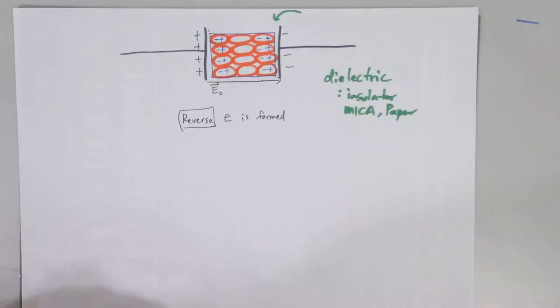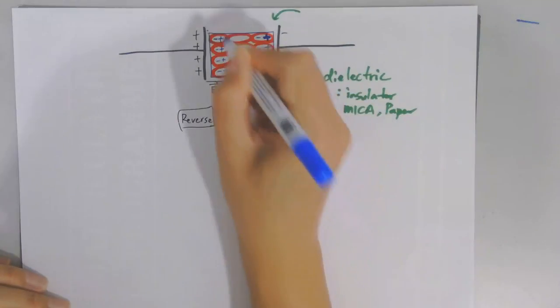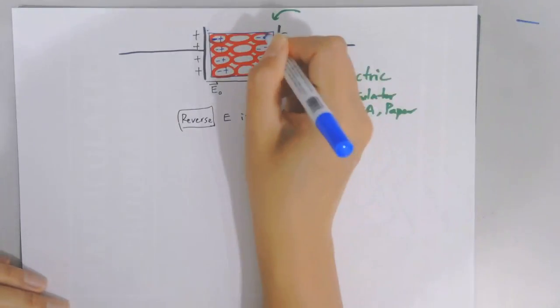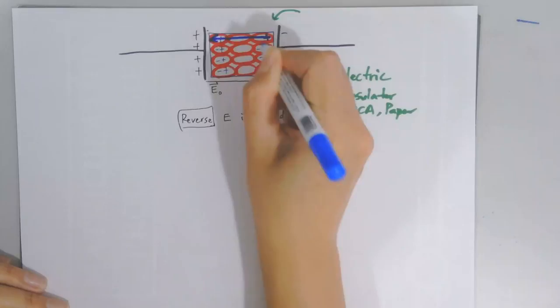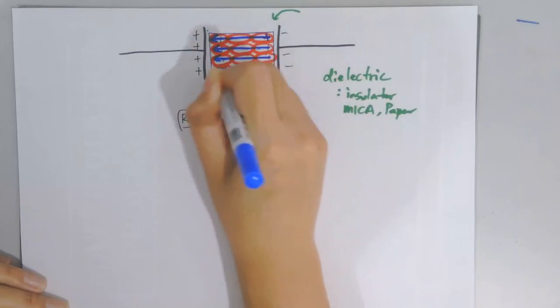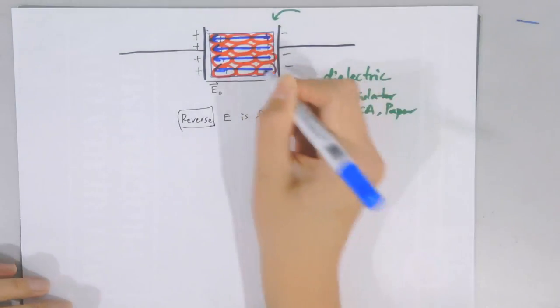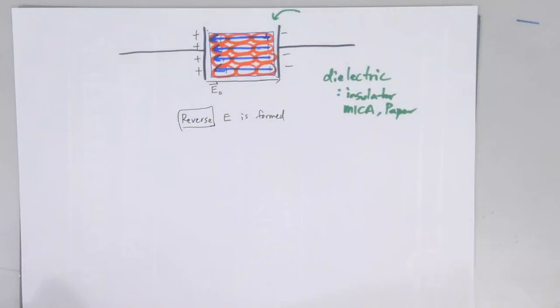We will found that sebab di sini positif kan, di sini negatif kan. Jadi dari positif ke negatif, maka terbentuklah electric field yang berlawanan arah dengan electric field asal. Sebab dia pergi kiri. So that's why reverse electric field is formed.